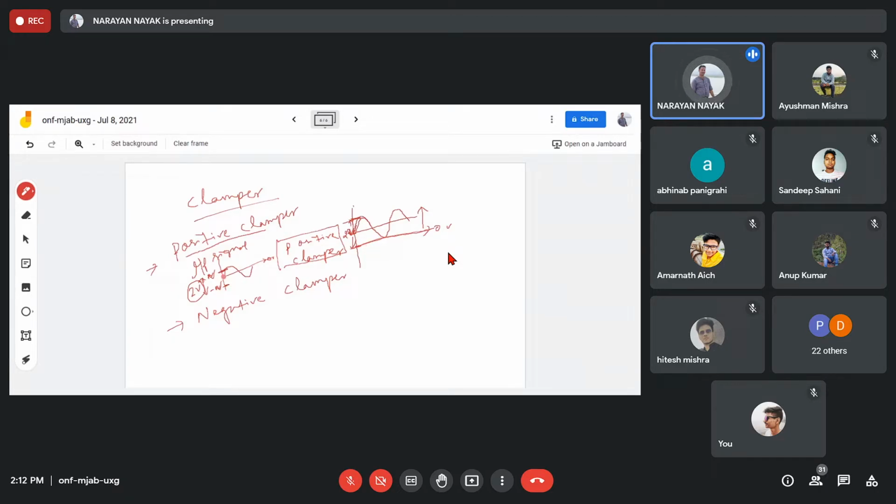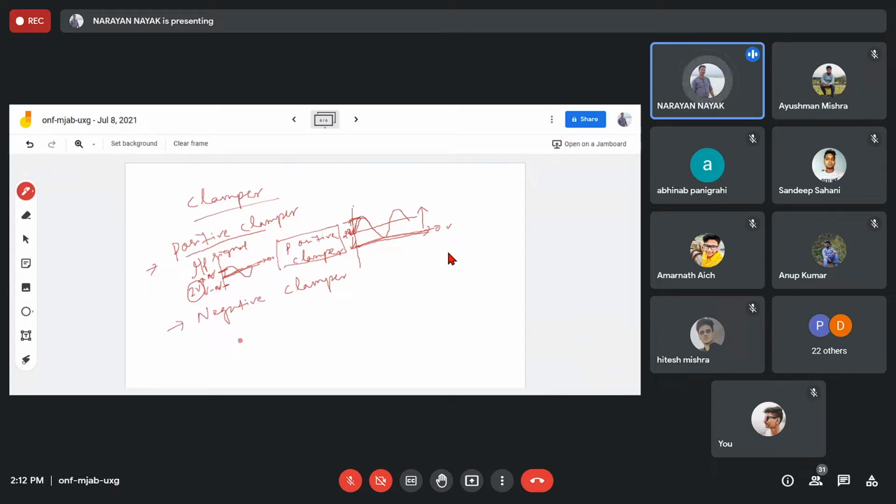Previously the zero level was here, now the zero level is here. So you get a similar waveform; only the level is shifting.